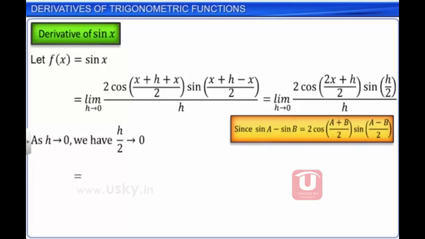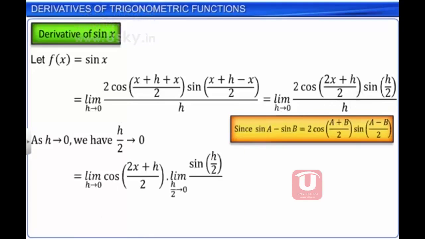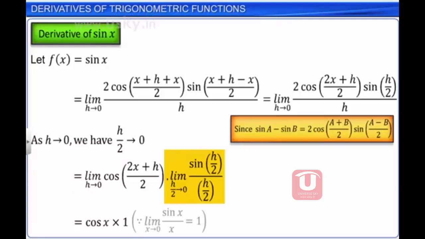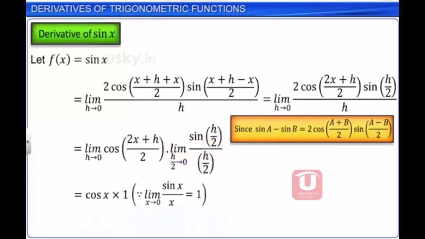Now, we can rearrange the function as shown. The first term in the product becomes cos x. The second term becomes 1. Therefore, the derivative of sin x is cos x.